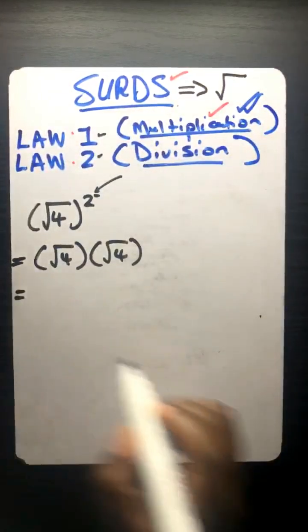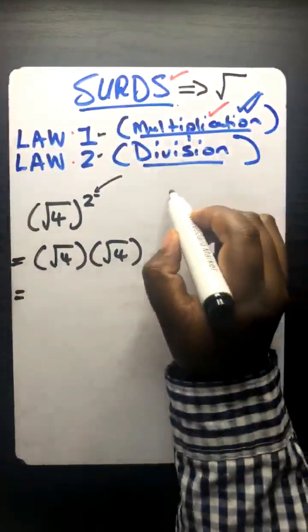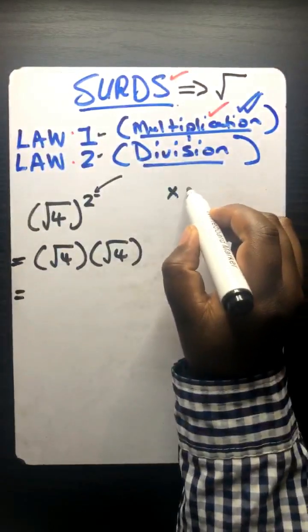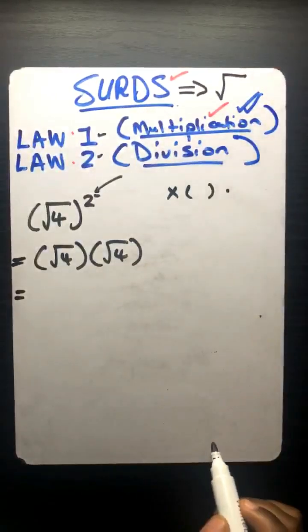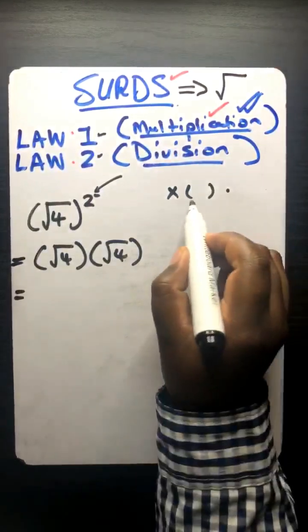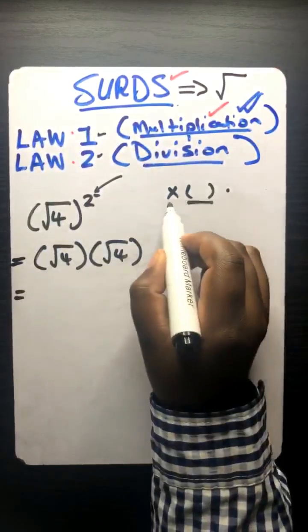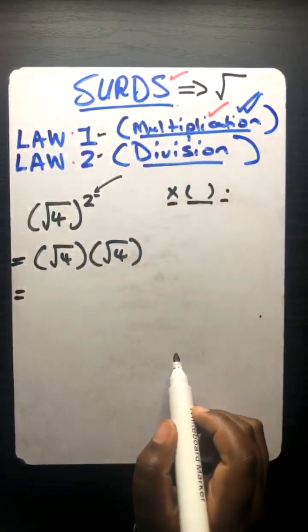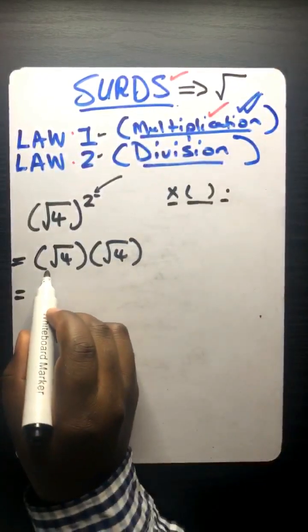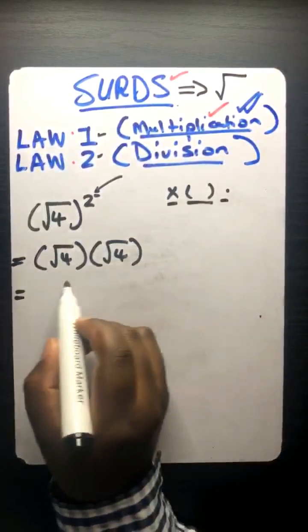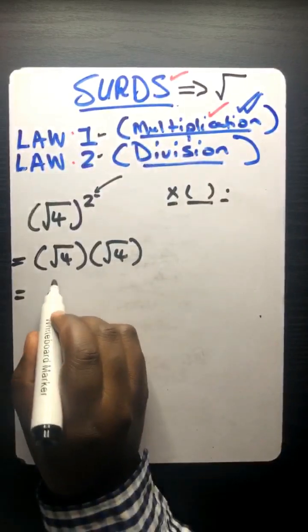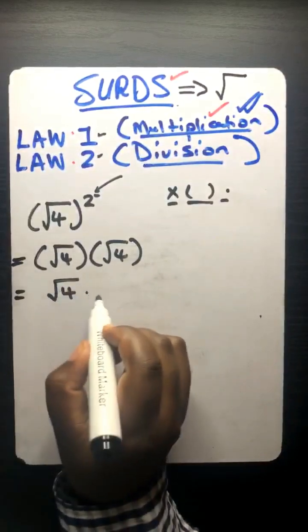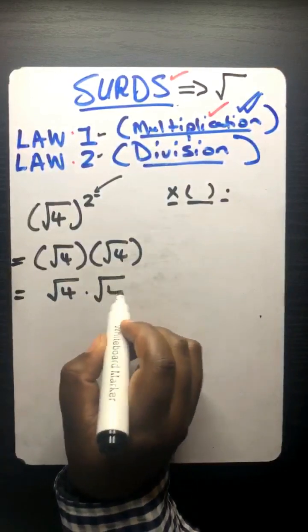You remember I just explained 3 types of multiplication: a dot, a times, and also nothing. So that means brackets are the same as multiplication. So I now need to rewrite this in a familiar manner, meaning this is actually the same as square root of 4 dot square root of 4.